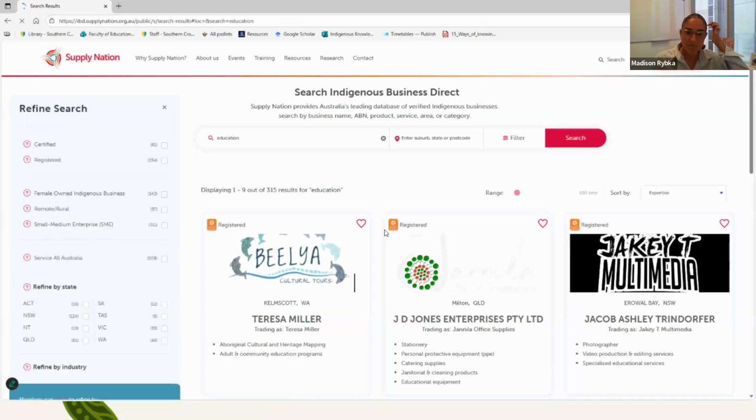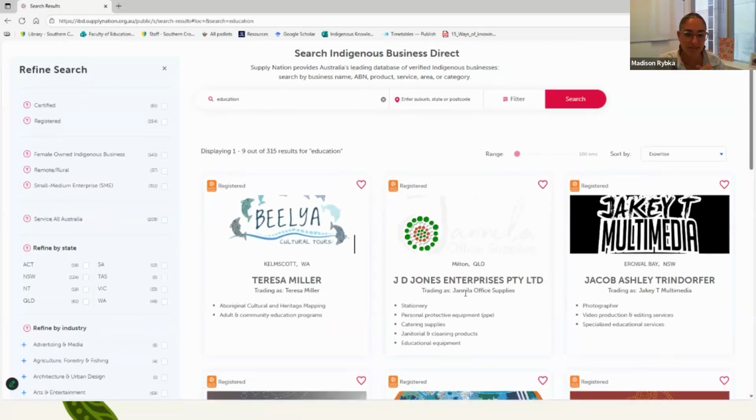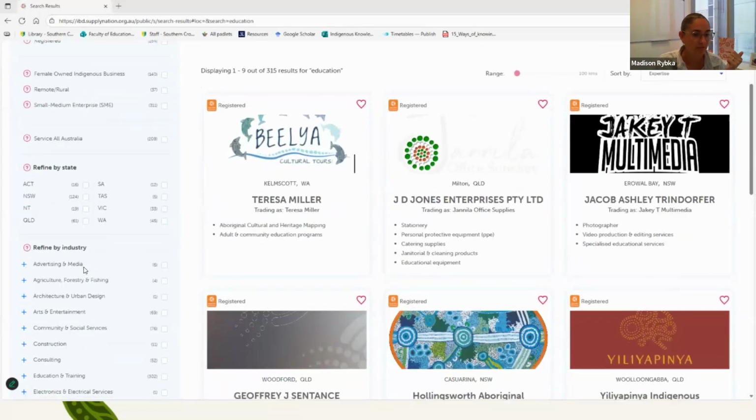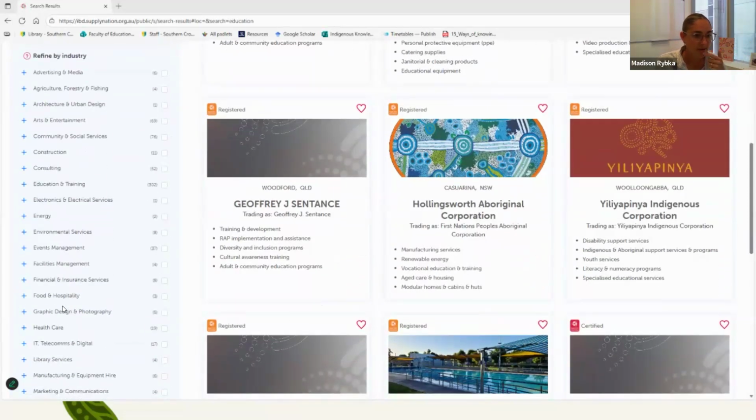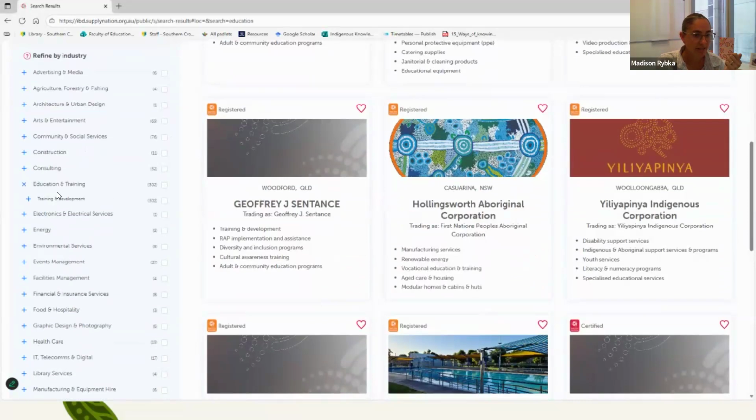And then it shows you all the registered businesses, where they're from, all their information, and you click into it to find out more. On the side, it has where they're from by state. If you want to go further and look into it, it's got everything: environment, events, arts, construction. Where was my education? Education and training.